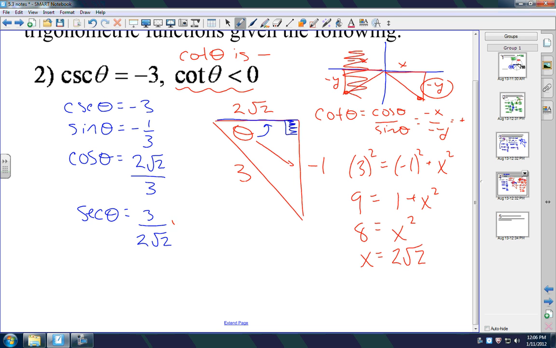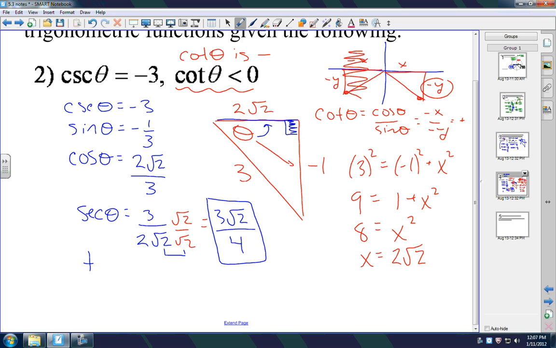This is a rationalizing. So 3 square root 2 all over 2 times square root of 4, which comes out as 4. Okay, 2 times 2 gets us to 4. So there's our secant. Okay, so we got 4 of them.